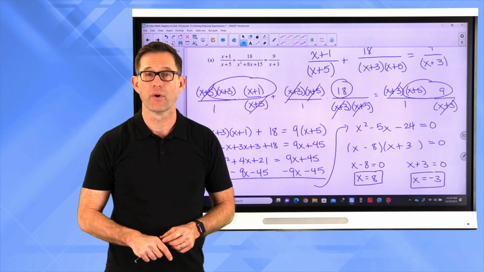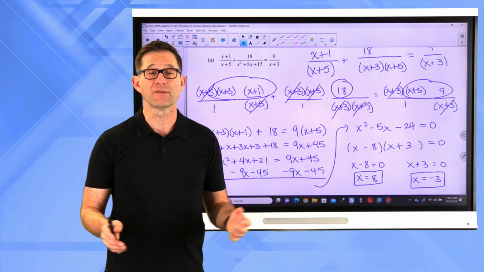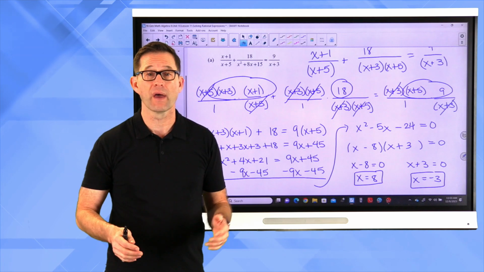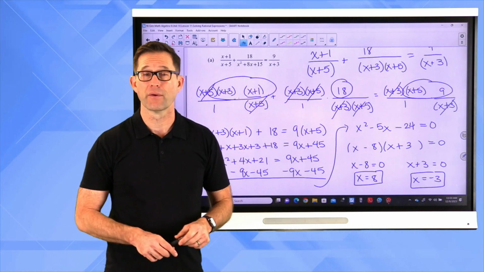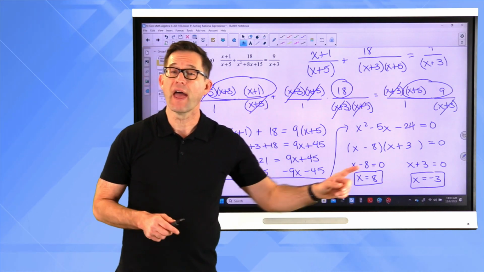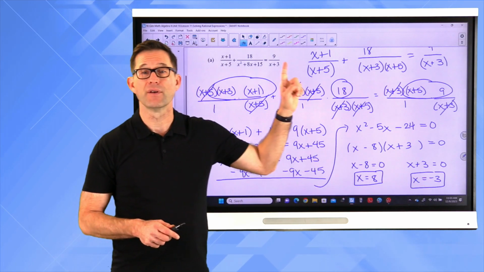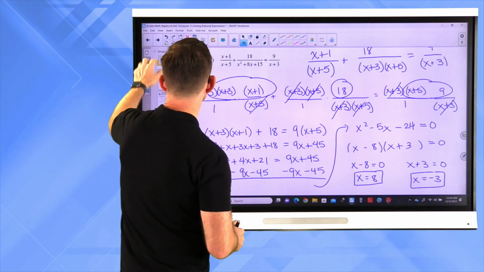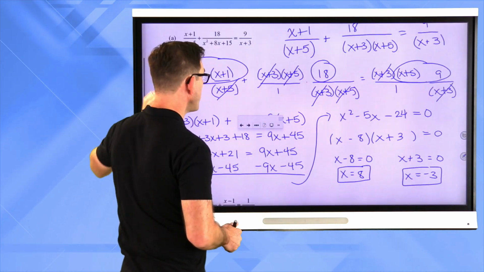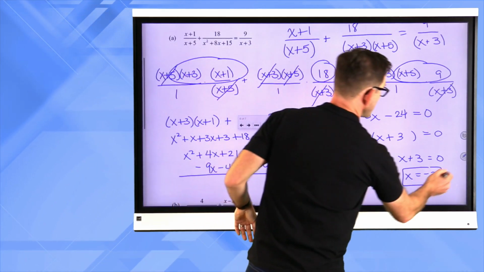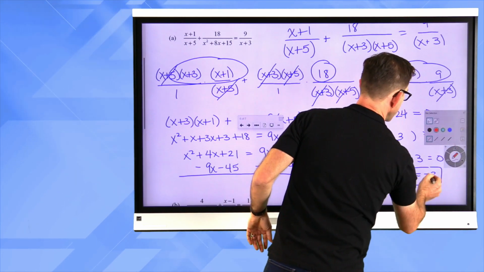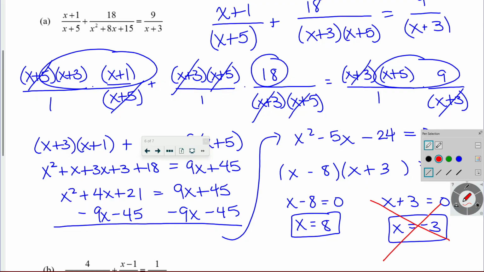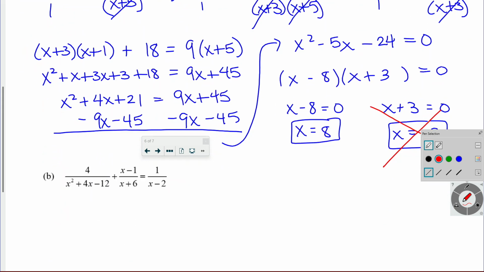It needs to be thrown away. Now you can easily get two values that are both perfectly okay and don't make any of the denominators equal to 0. But if any of the values make the denominators 0, then that is undefined, and therefore it must be rejected. So this is extraneous. All right?